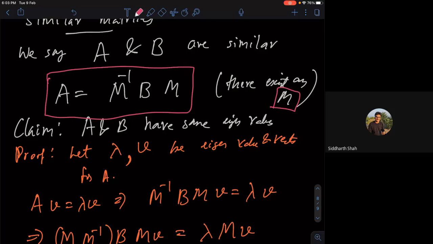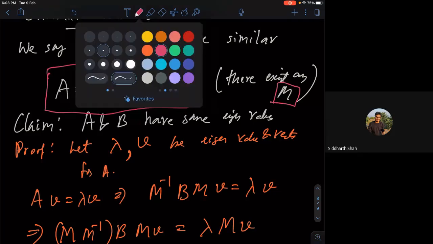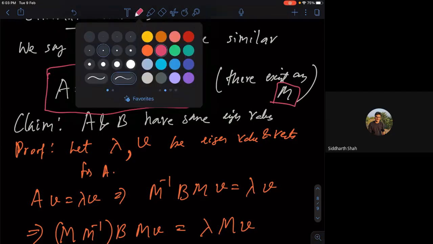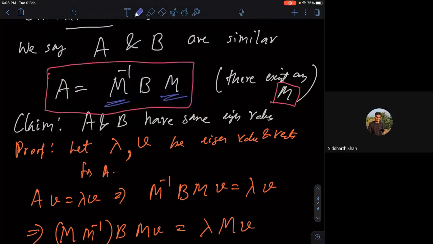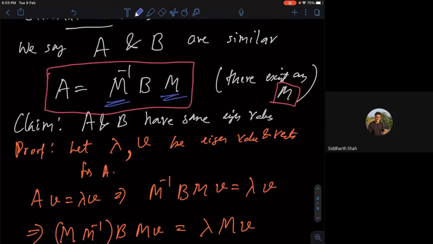The main idea which things like MATLAB and other such applications use to retrieve the eigenvalues of a matrix is this: they try to come up with a matrix M such that, if B is our matrix, when you multiply it on both sides, like M inverse B M, you get a diagonal matrix.